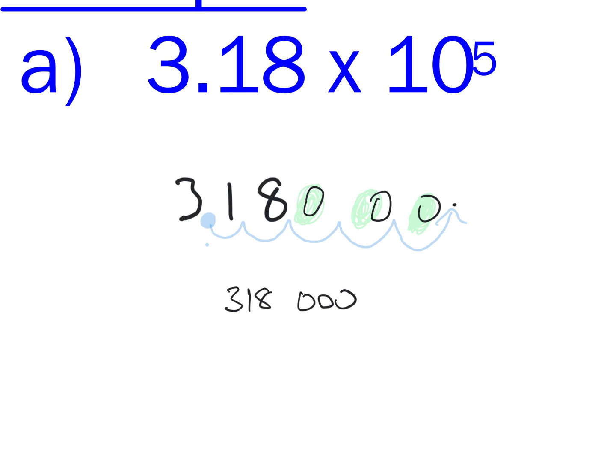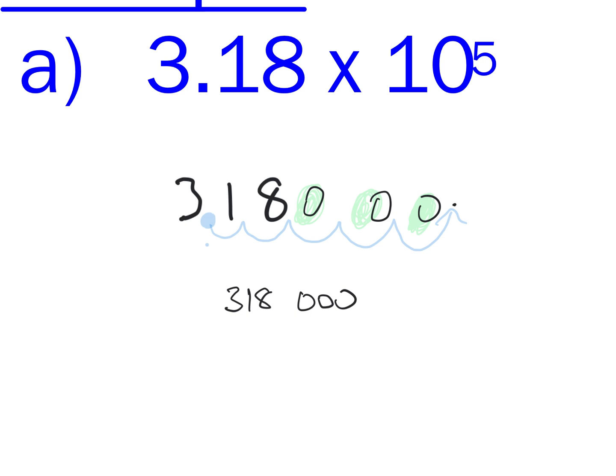So that's what that number is in standard form. So if it asks you to write a number in standard form, it's really asking you for something like this. What's the number look like when we think about a real, actual number?